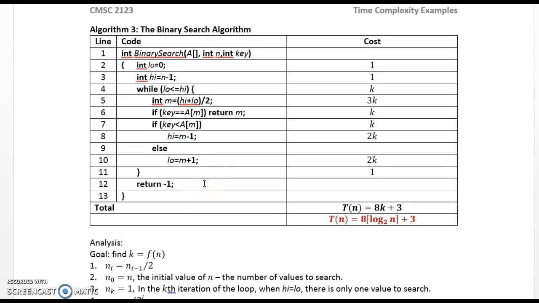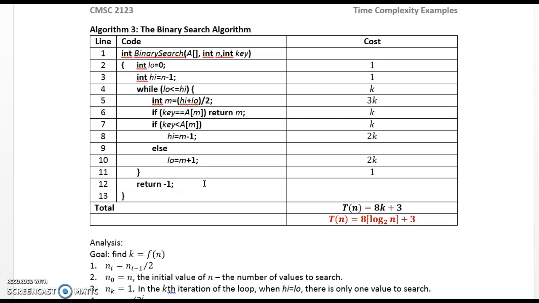Algorithm 3, the binary search algorithm. We set limits, low being the low bound and high being the high bound. We assume that the elements of array A are sorted in ascending order. We guess the middle, and if the middle is the value we're searching for, then we return that value.